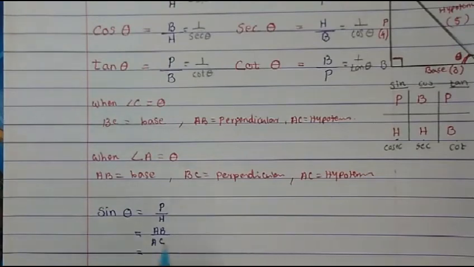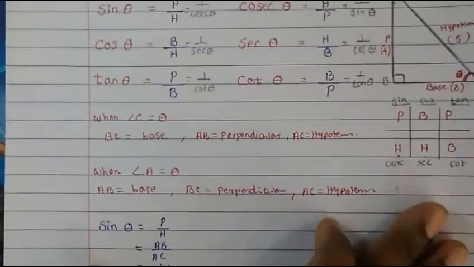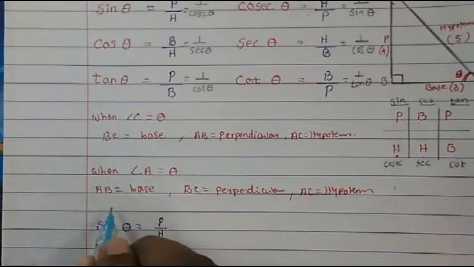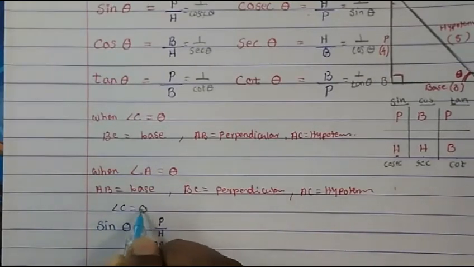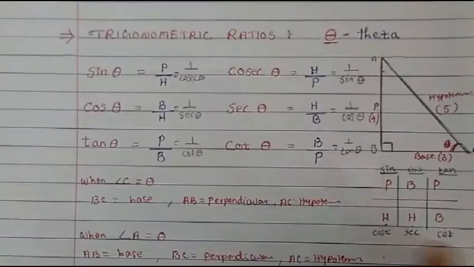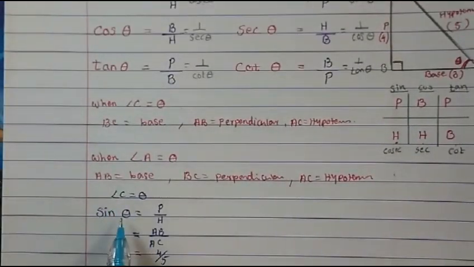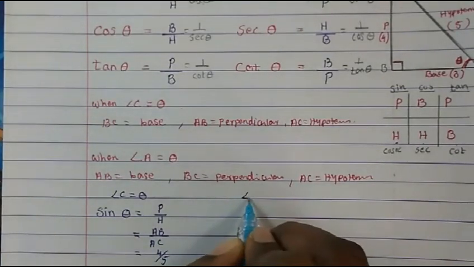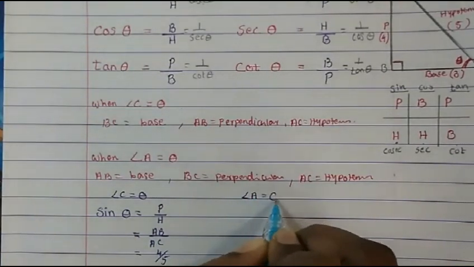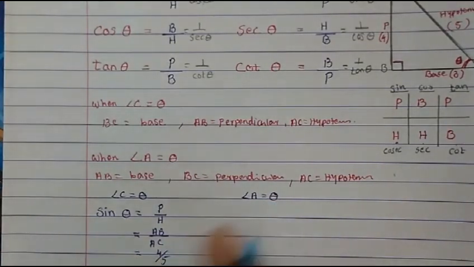Put the values: AB is 4 and AC is 5. So this is my sine theta when angle C is theta. When angle C is theta, this is how I write the ratio for sine theta.